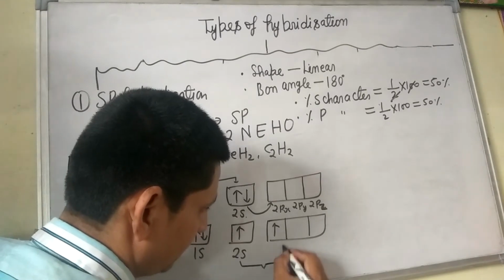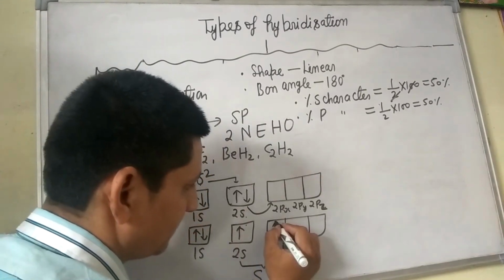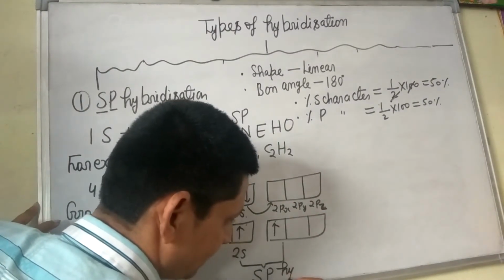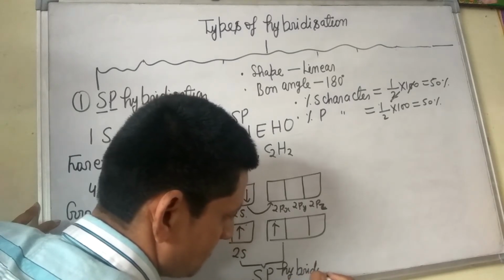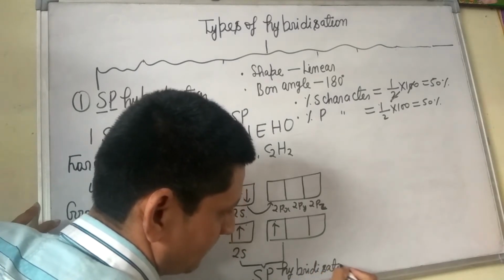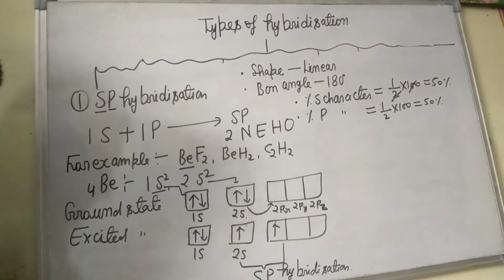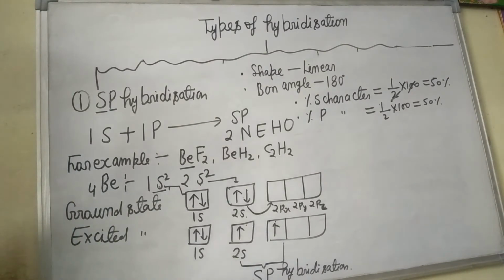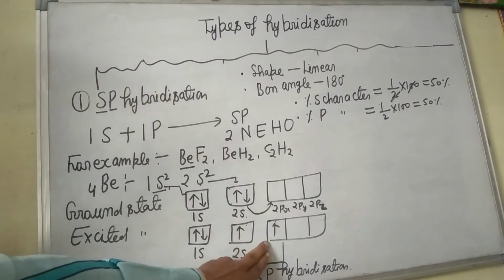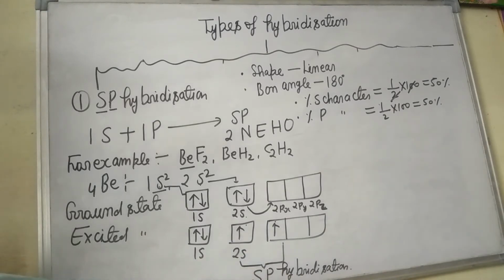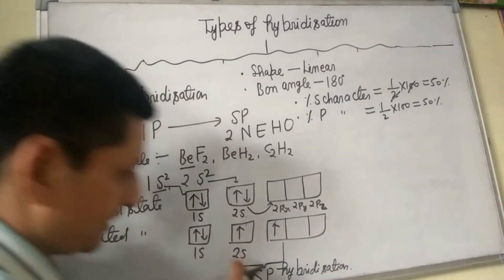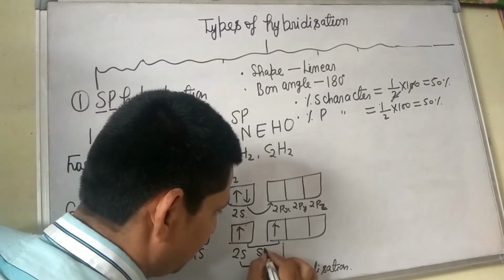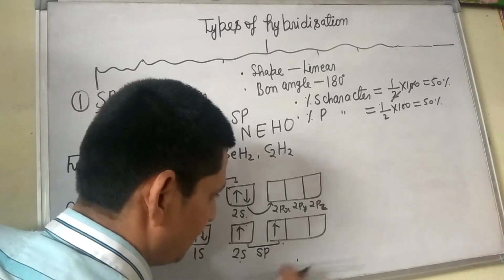So 1s orbital and 1p orbital combine to form sp hybridization. Okay students, sp hybridization is clear. We can also write it this way: 1s and 1p combined to form sp hybridization.